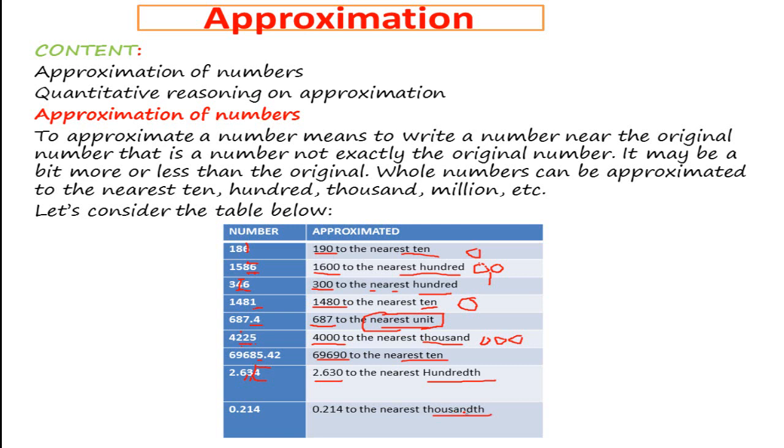Now 0.314 to the nearest thousandth. Since it's thousandth, it means point 000. It means you are going to count 3-digit positions, and any number after the 3-digit positions will be invalid, will be 0. Now starting from after the decimal point, you count 1, 2, 3.